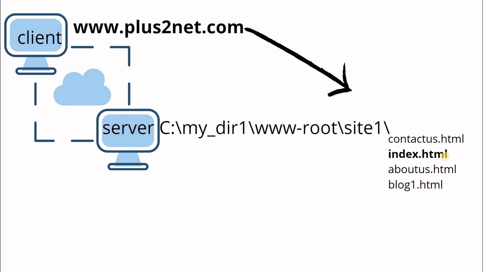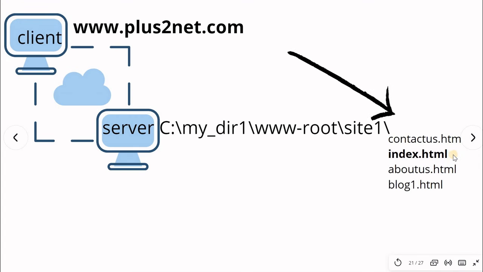It may show me a default file, or I may not see the file name but I will get a file. That particular file which shows up first is known as the home page, or the default page of the site. Now you may say that you can use the about us page as a home page. Fine, you can do that also.